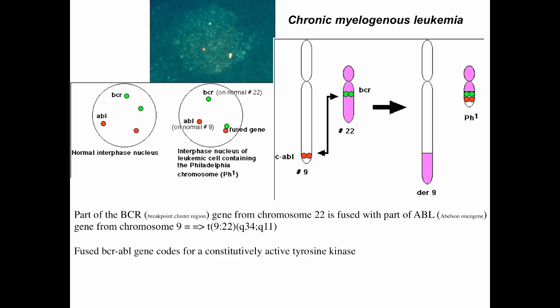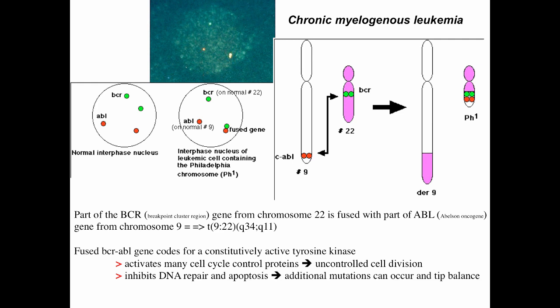That fused BCR-Abl oncogene product codes for a constitutively active tyrosine kinase. That activates many cell cycle proteins, leads to uncontrolled cell division, and may inhibit DNA repair and apoptosis. Additional mutations occur like that, and that will tip the balance. Some of these additional mutations may be in the RAS genes and in the p53 tumor suppressor gene.